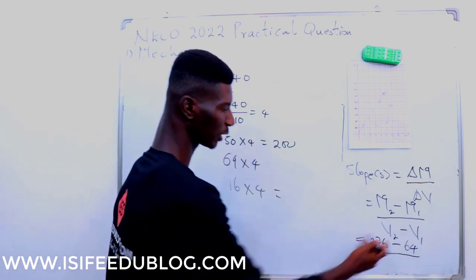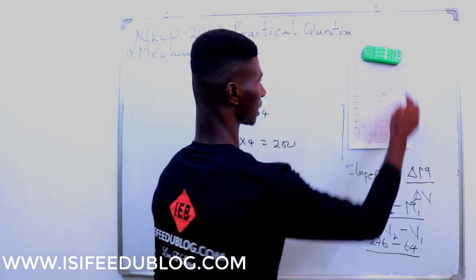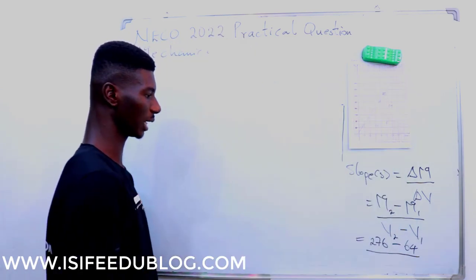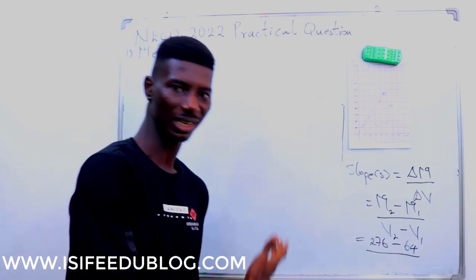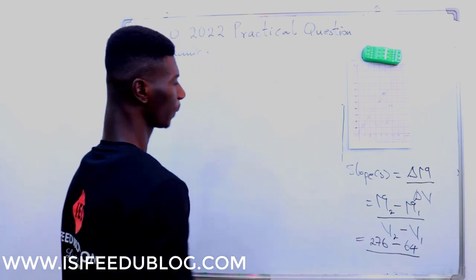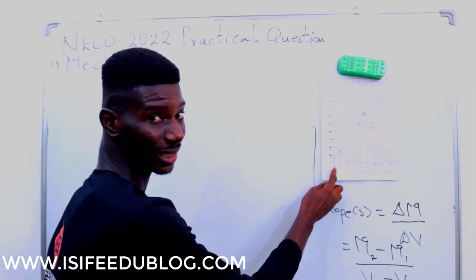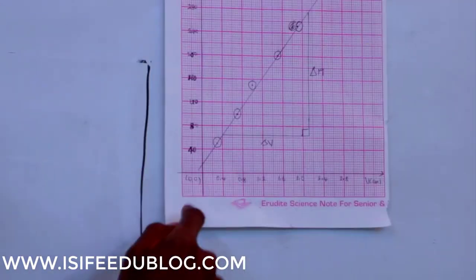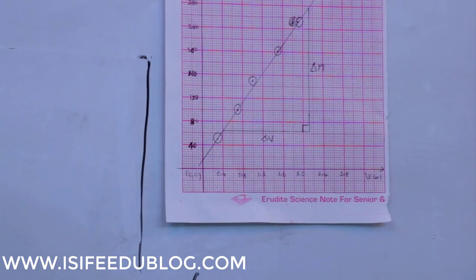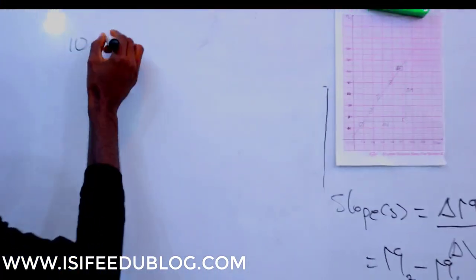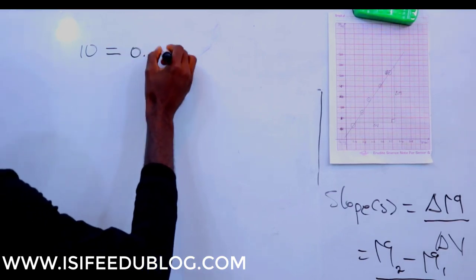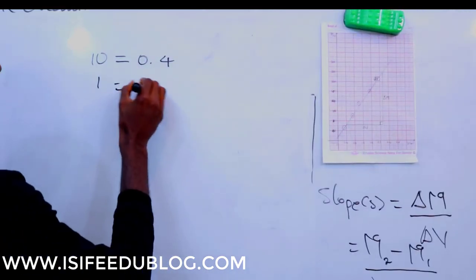Okay, so let's go over quickly to the V axis. Just like we did in the M axis, what did we do? If you watch your V axis, 2 cm is representing 0.4. So 10 lines represent 0.4.